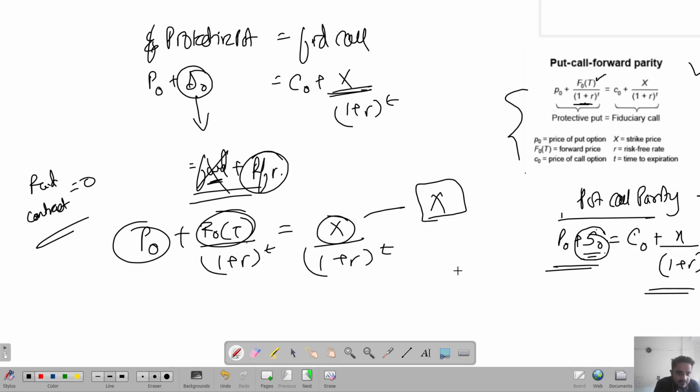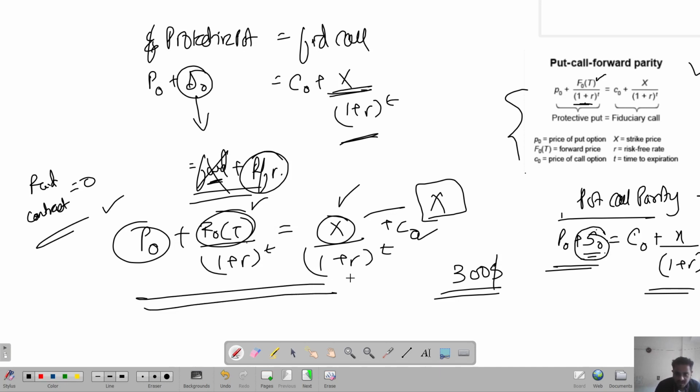For example, if my stock is trading at 300, my put option should be on 300. The face value of the risk-free bond that I will redeem, which I have discounted for today, has to pay me 300. The call option should be for 300, and the bond on the fiduciary call should also be for 300. Only then will this hold true.